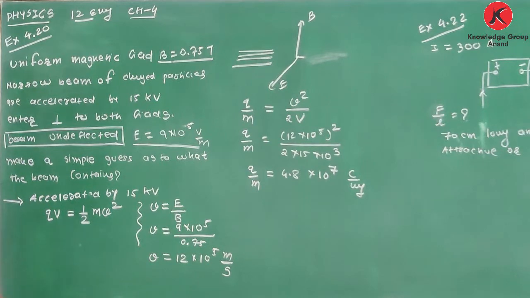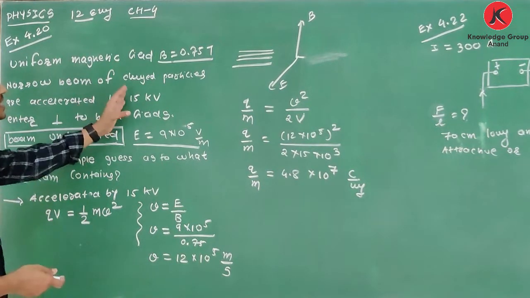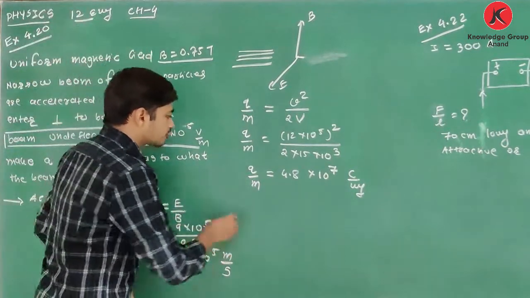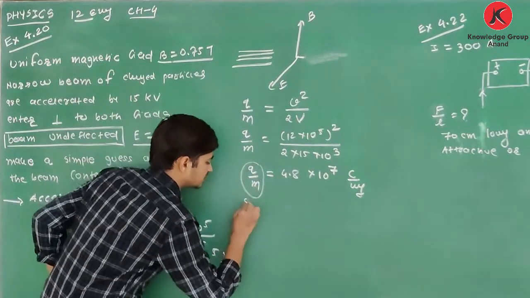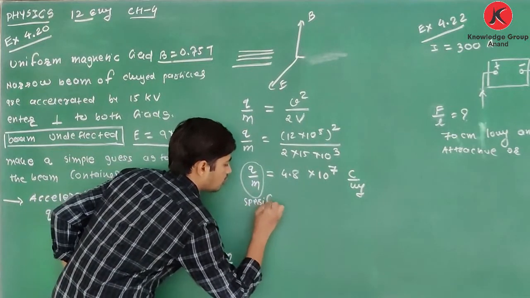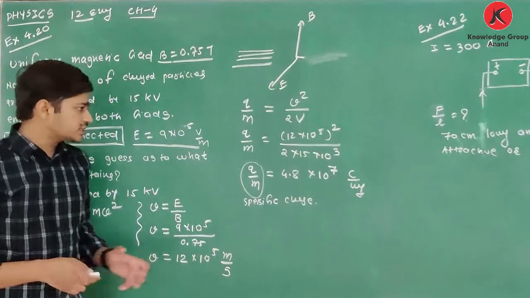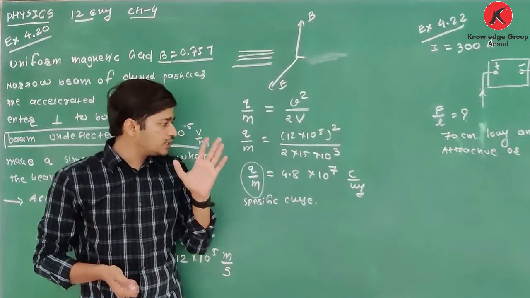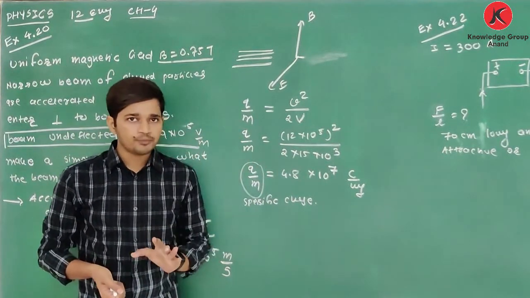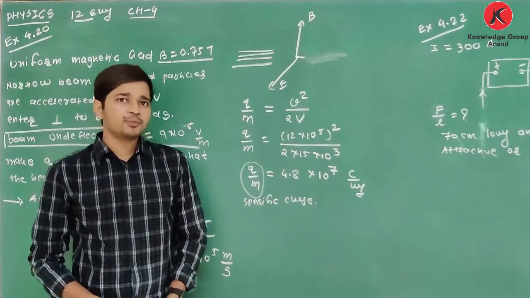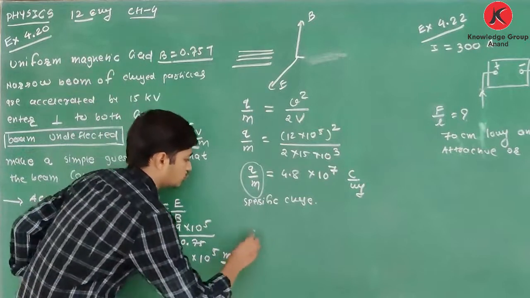Now, how to identify which charged particles are moving? This q upon m is called specific charge. The specific charge is 4.8 into 10 to 7 coulomb per kg. What you have to do is assume. First of all, take a proton for example.